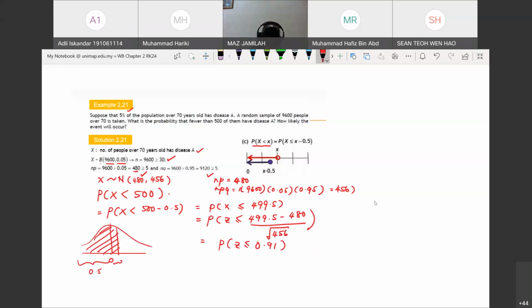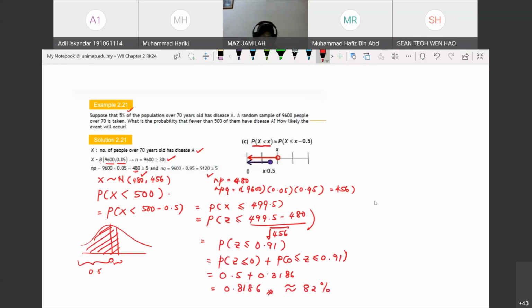So this becomes P(Z less than or equal to 0) plus P(Z from 0 until 0.91). So this will be 0.5 plus 0.3186. You will get 0.8186. Okay, so this is equivalent to 82%.